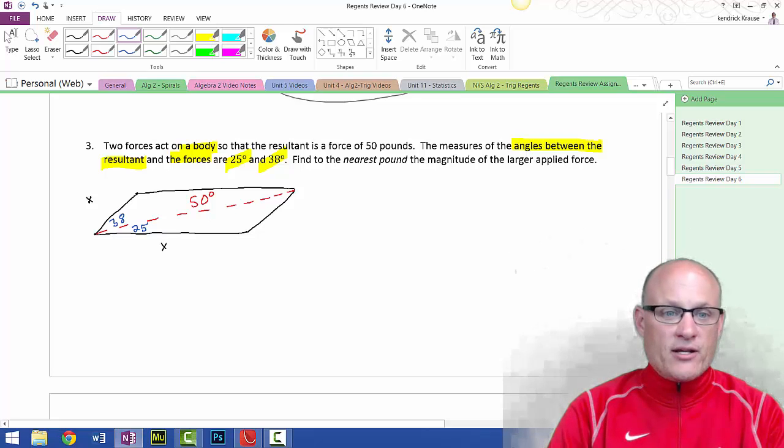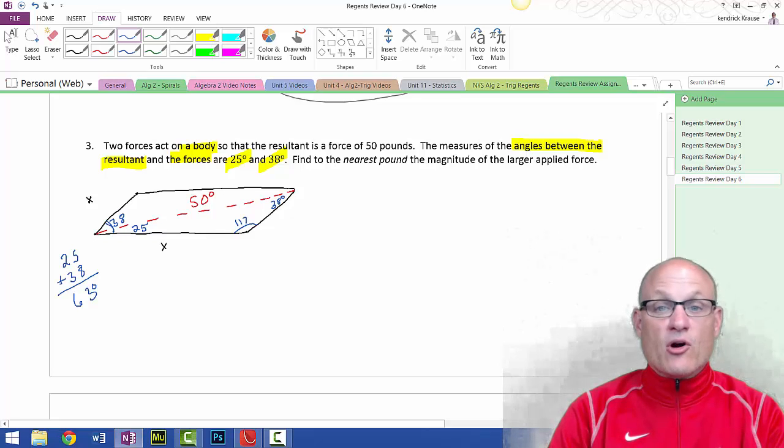If I combine those two, 25 plus 38 is 63 degrees. So that means this angle here is 117. And if you do the math, you'll find this angle here is 38 degrees.